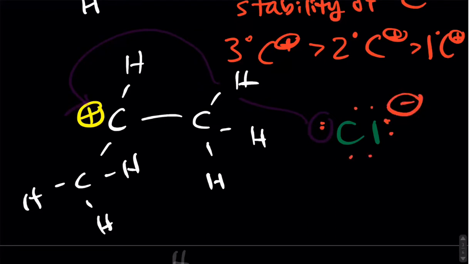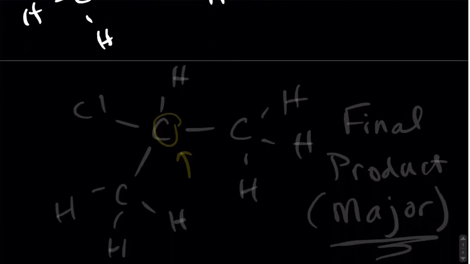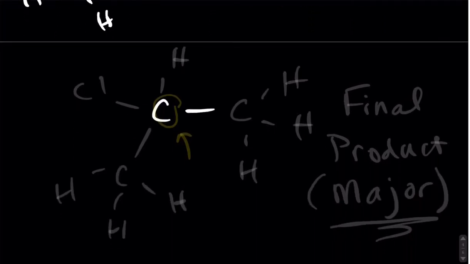So what's going to happen here is our second step, and it is a very, very simple step. We're going to take 2 electrons, or a lone pair, from the chlorine, and it is going to be attracted to the positive carbocation. These 2 electrons are then going to form a bond to that carbon. So, let's see what we're left with. We will be left with the final product.